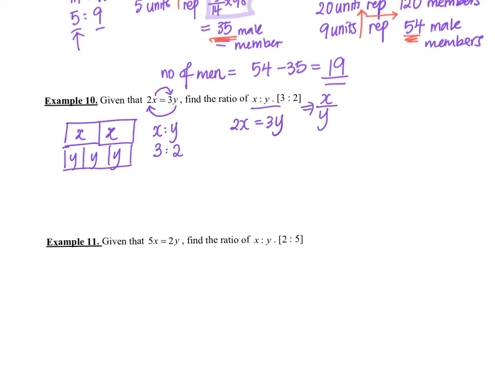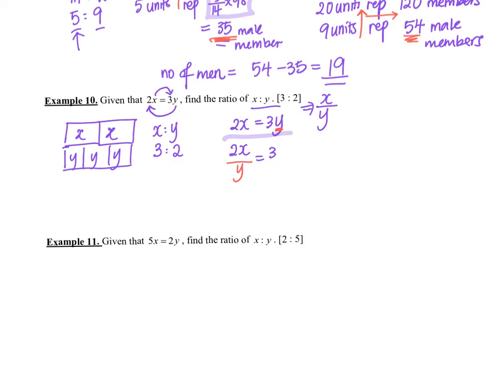So I'm going to manipulate this one over here until I get x over y. So down here, firstly, I'm going to keep 2x. I don't want y to stay in here. This is 3 times y. So I've divided by y on both sides. And I'm left with the number 3.